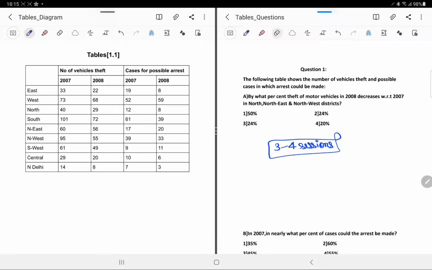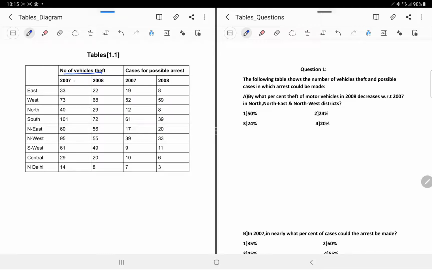Now, for a question on tables, you would be given some sort of data, like the population of a country. For this question, we have the number of vehicles that were stolen. So all that data we could be given.